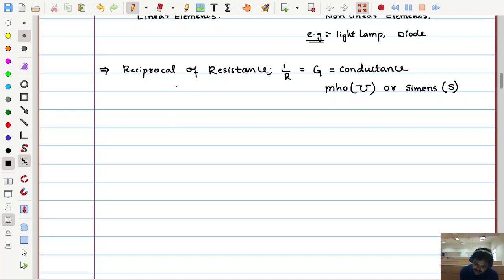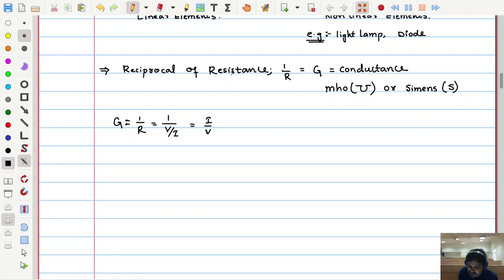And what does this conductance represent? Conductance is 1 by R. What is the relationship we got for the resistor? V by I. So can I write this as I by V? I by V.